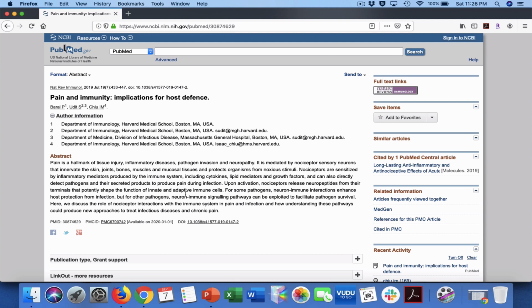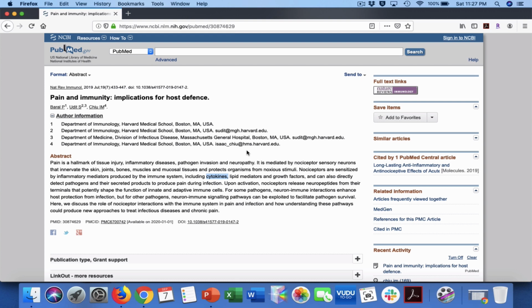This is one recent review that mentions ways that cytokines can be really important in leading to pain that can be seen as a result of an inflammatory response.